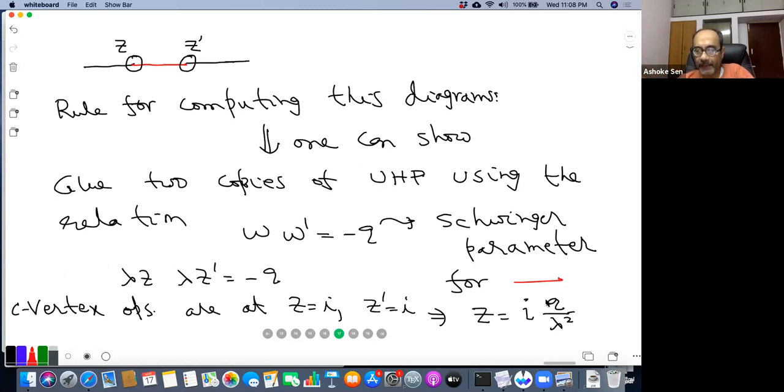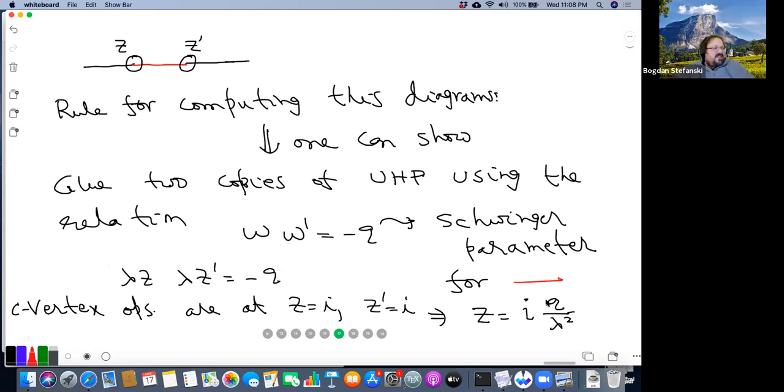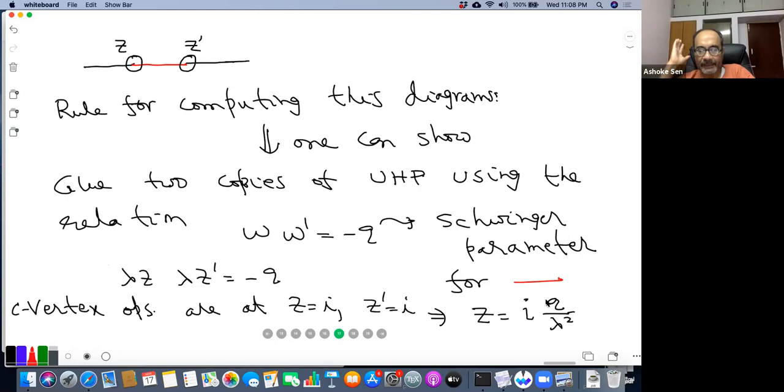You can explicitly verify that the final result is independent of the choice, at least within the SL2R class of functions. That's very nice. And as I said, it's guaranteed from the internal consistency of string field theory that the result should cancel, although doing the explicit calculation becomes difficult if you choose an arbitrary function here.